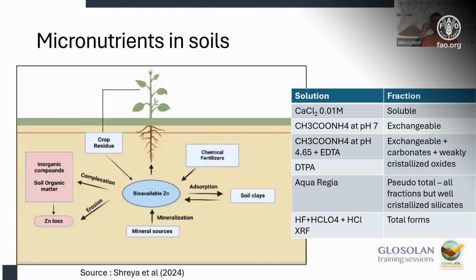An alternative is to use non-chemical methods, such as XRF, for example. So there are a lot of protocols in the literature, and some are more used than others, but it's difficult to say that one chemical extractant will be appropriate or relevant for every metal.